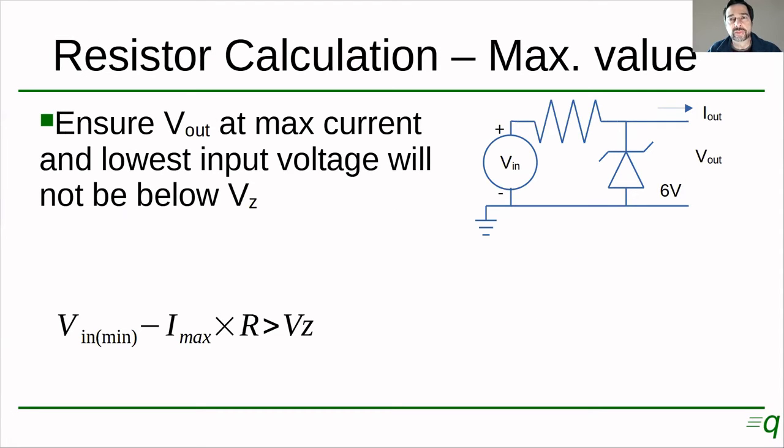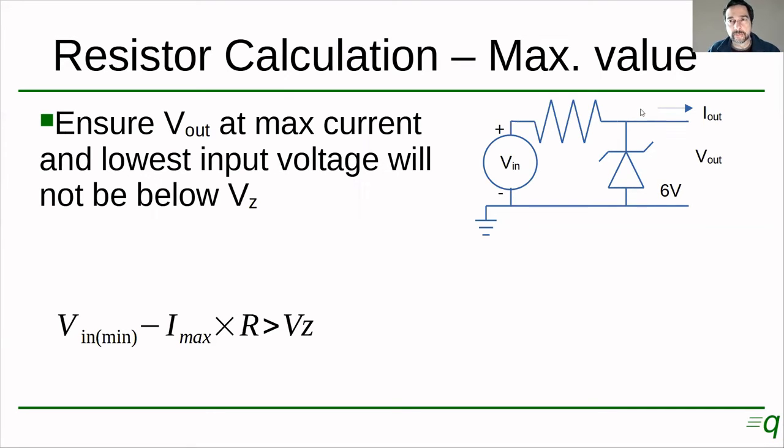So the maximum value of the resistor is going to be set by the maximum current and the lowest input voltage. And we have to ensure that the voltage here still remains at 6 volts, or whatever voltage we want for the Zener.